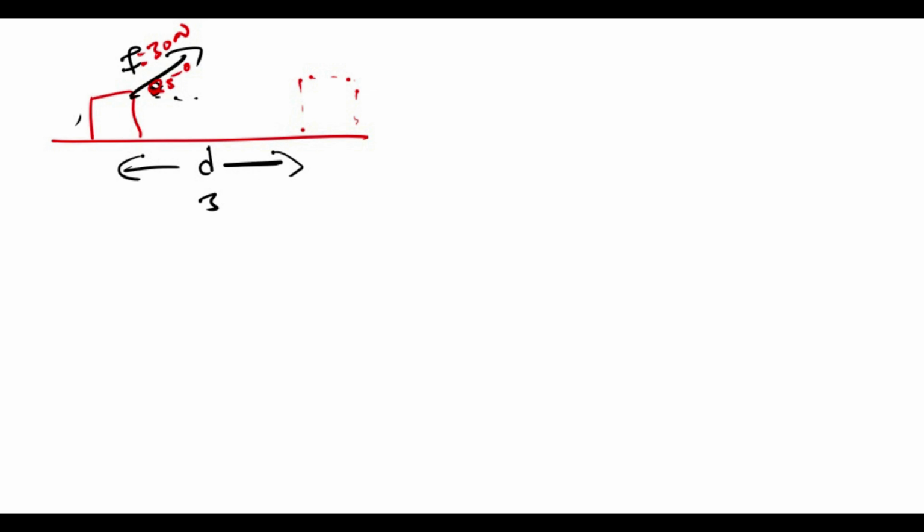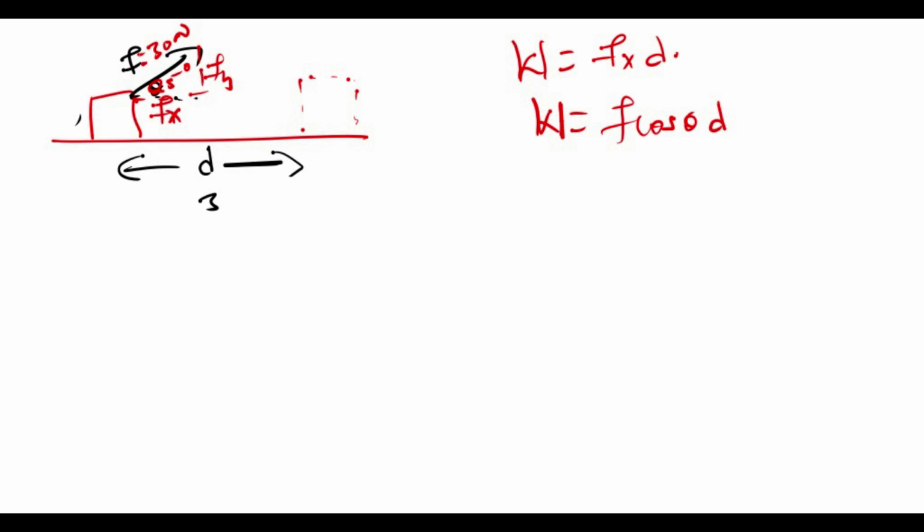Since it has been applied at an angle, this is going to be fx, this is going to be fy. It's basically the same thing as under Newton's laws of motion. You get the x component, so the work done is equal to fx times d. If we go back to vectors, x is cos, so work will be equal to f cos theta times d.